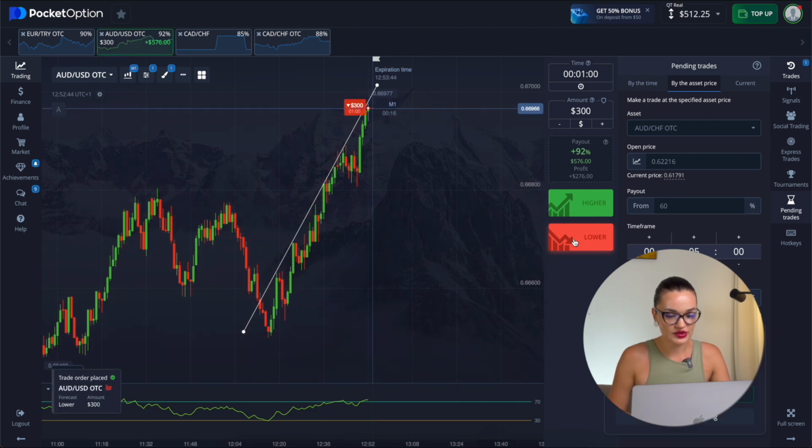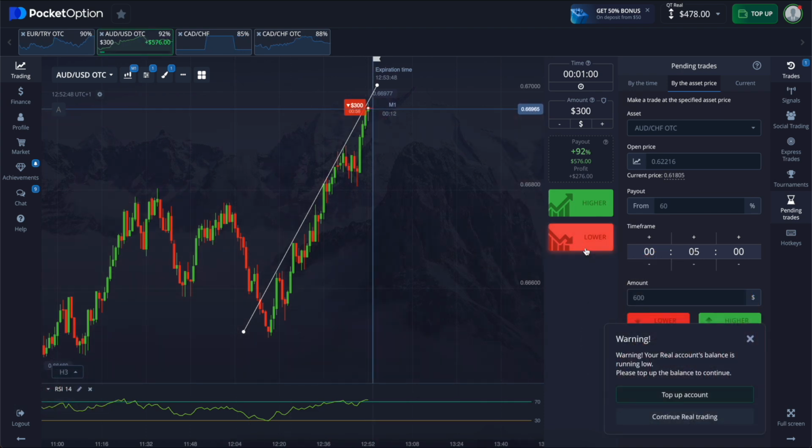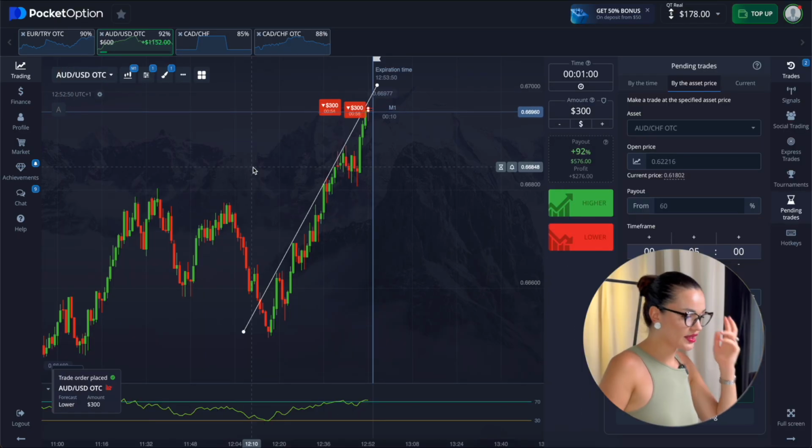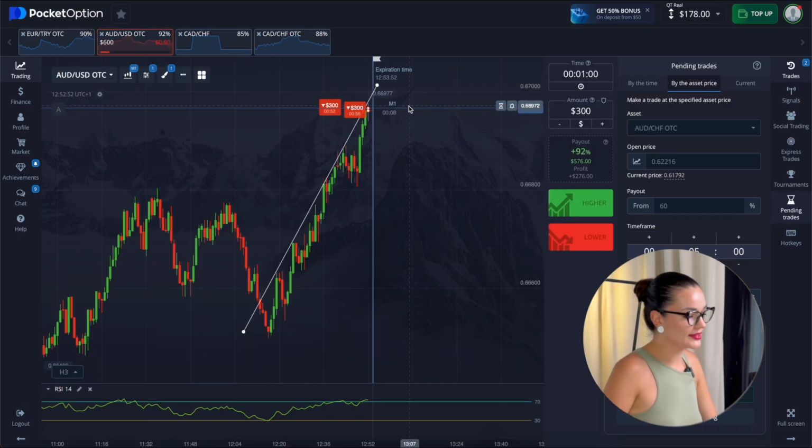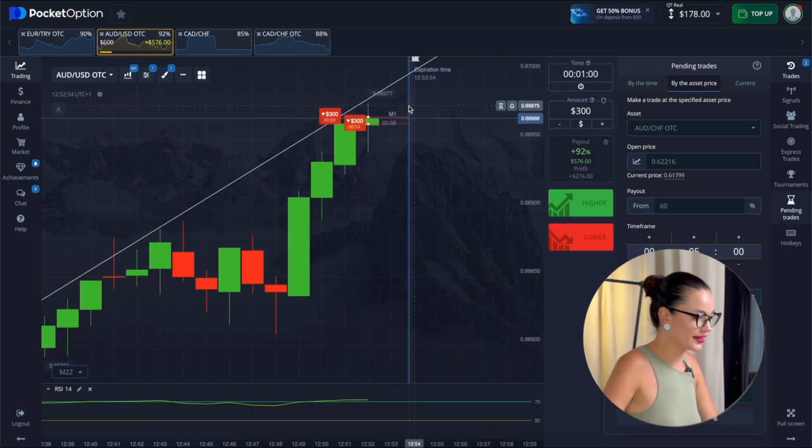I will open 2 trades here for $300 down. What is our divergence at the moment? The price is a little higher on the RSI indicator, but on the candlestick chart itself it is located a little higher. So I decided that we will open bearish trades here for 1 minute, and I will get back to you once the deal is closed.